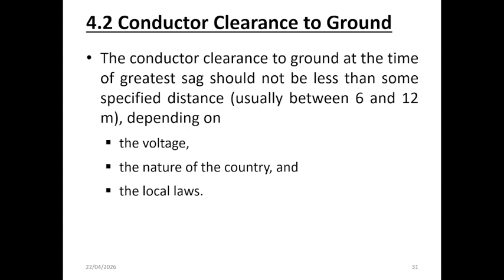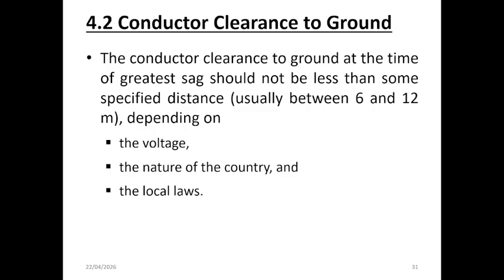The required clearance depends on several factors, including the operating voltage level. As higher voltages demand greater safety distances, the clearance should be higher. It is also influenced by the nature of the terrain, whether the line passes through urban areas, rural regions, or uneven landscapes.